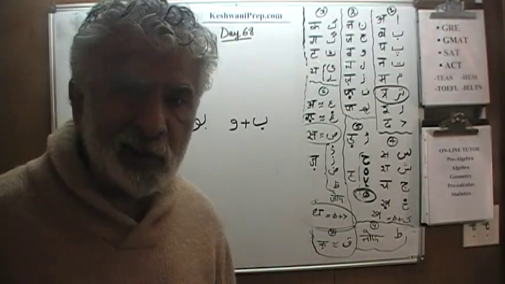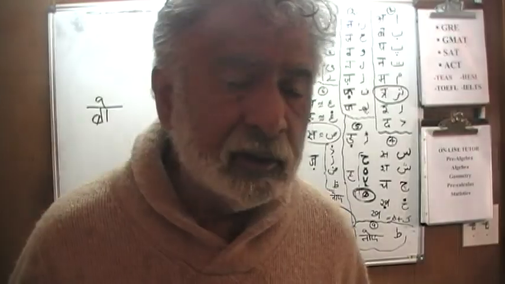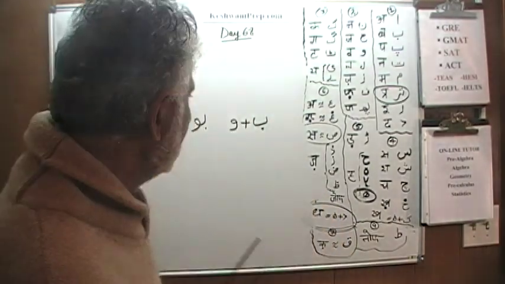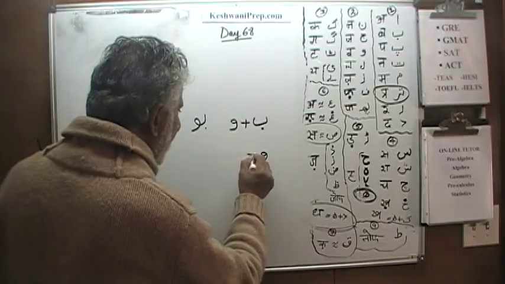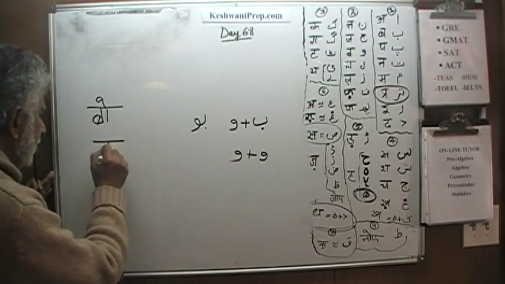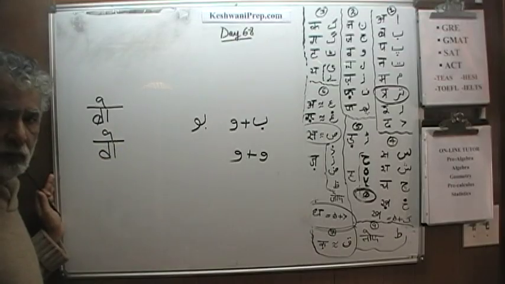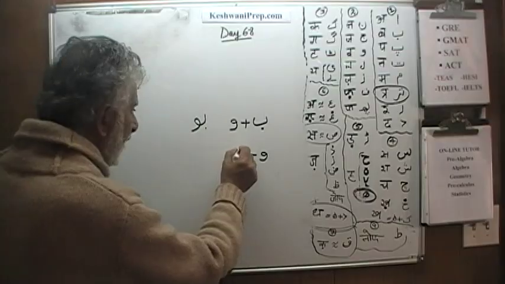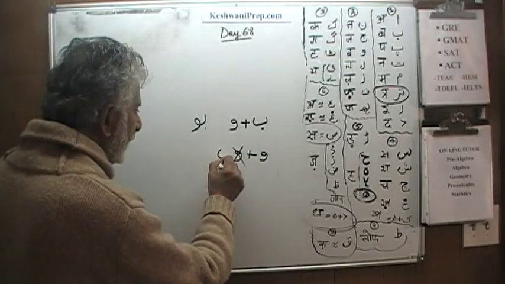The exception is when you have to convert V into a vo. When the letter wow itself is combined and we need an O ki matra for vo, which would be wo, we do not put two vowels next to each other. That's an exception. Instead of a wow, we replace it with a he.